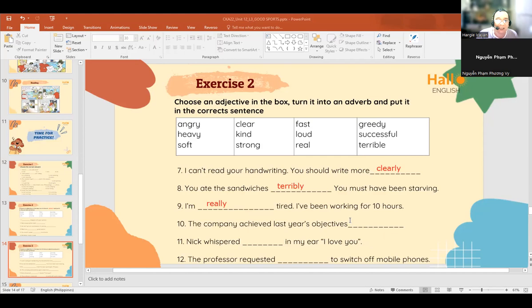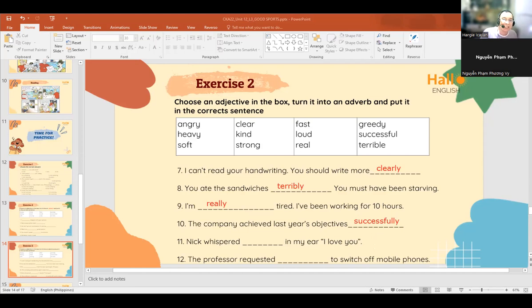So they achieved it. Yes, they achieved it. We will be disconnected after 10 minutes, so we have to go back. Successfully. Okay, so how did they achieve that? They achieved that successfully. Next, number 11.